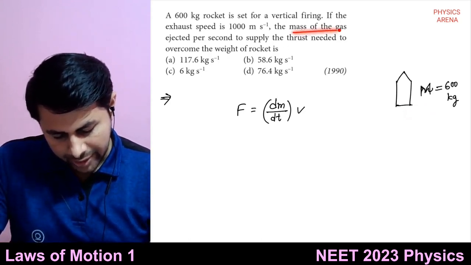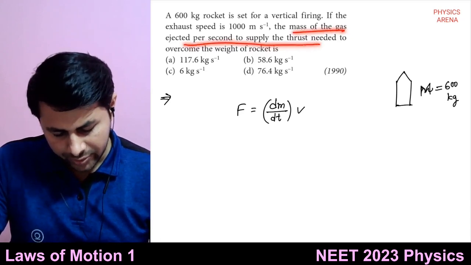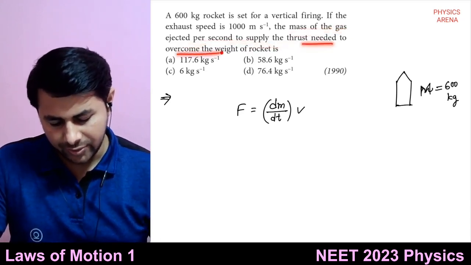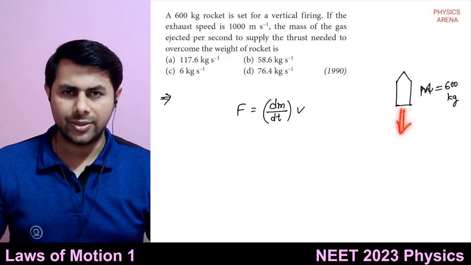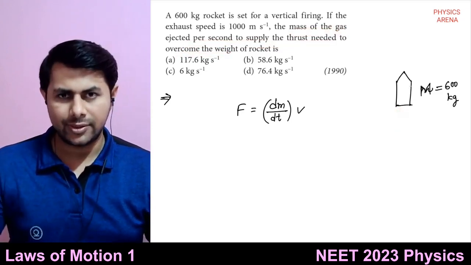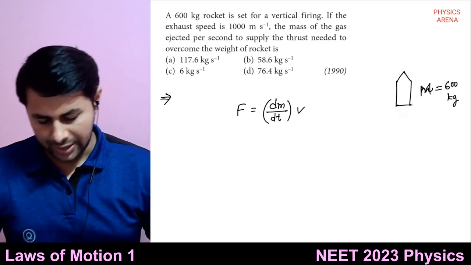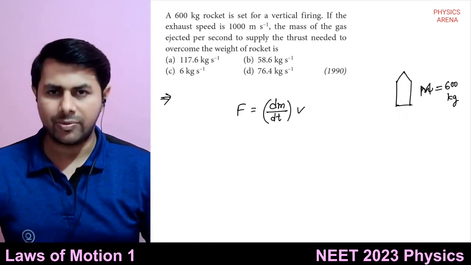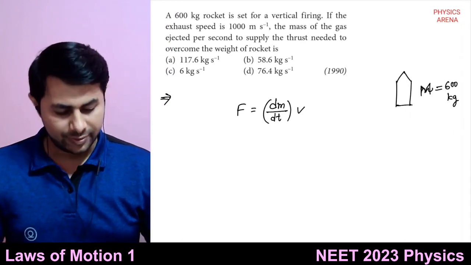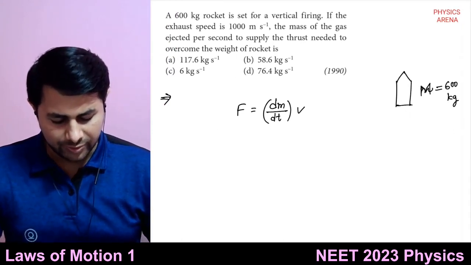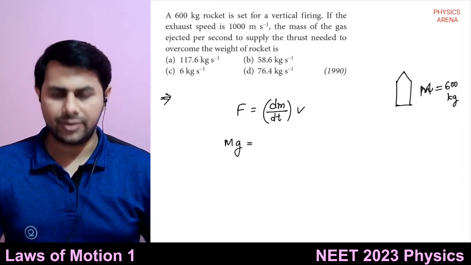The mass of the gas ejected per second to supply the thrust needed to overcome the weight. Weight acts vertically downwards. You want an upward force just to overcome the weight. That means the up thrust given by the ejected gases should be equal to the weight of the rocket. So up thrust is equal to M multiplied by G only.